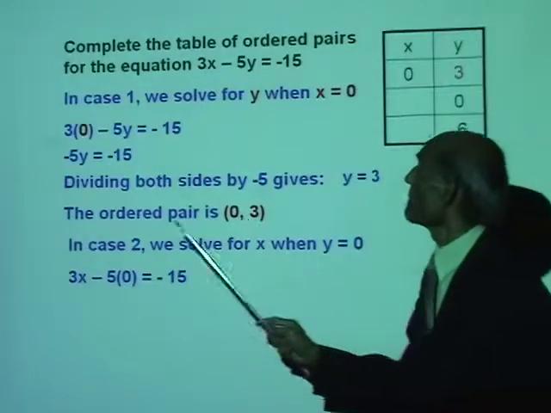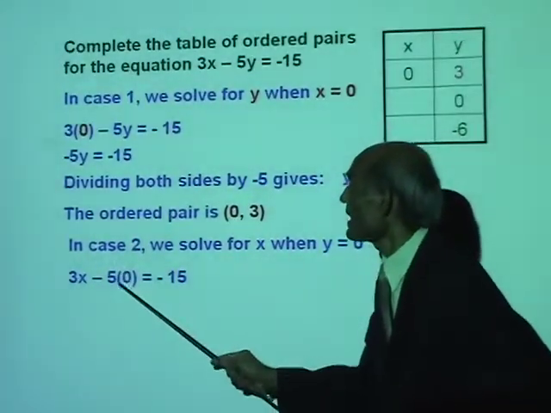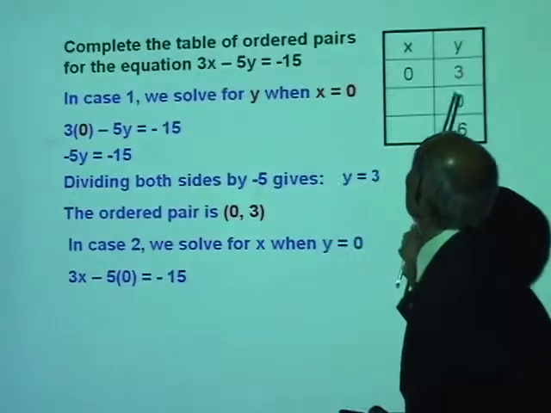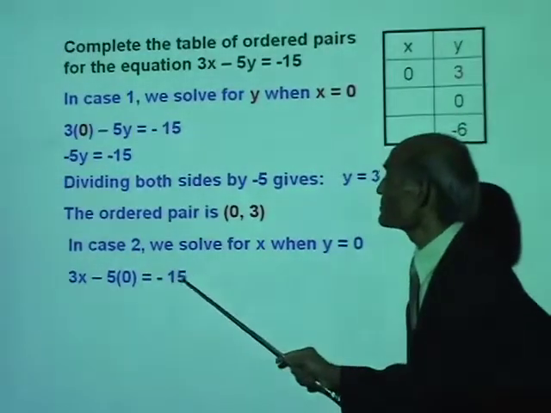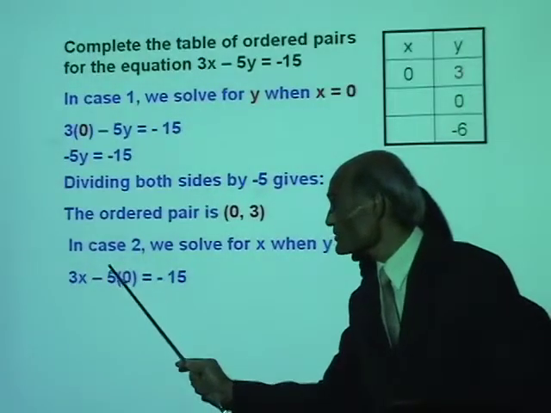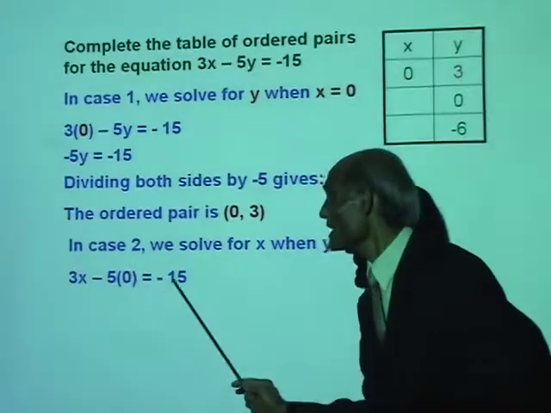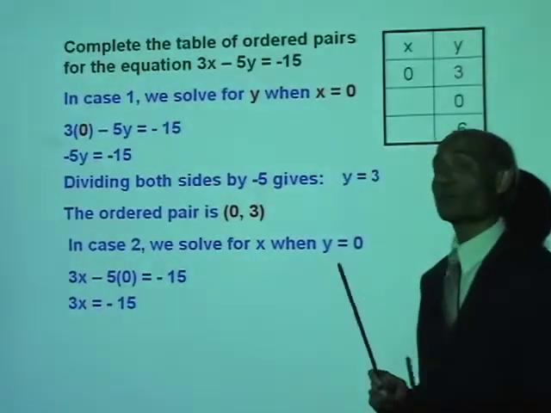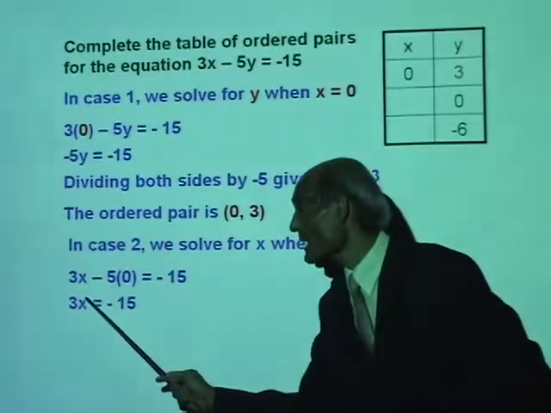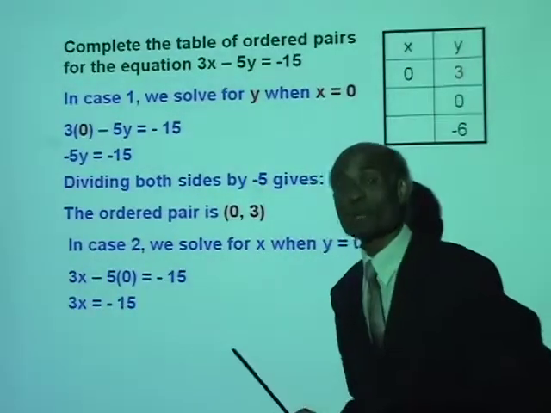That would be 3 times x minus 5 times 0, that's the value of y given, equal to negative 15. Well, 5 times 0 is 0, is that right? That means you get 3x equal to negative 15. What do we do to find x alone? Divide both sides by 3.